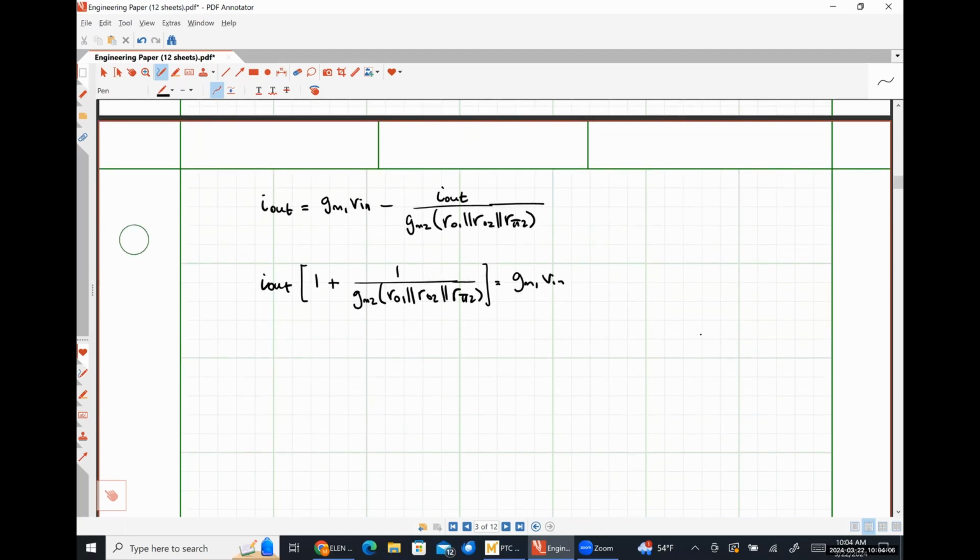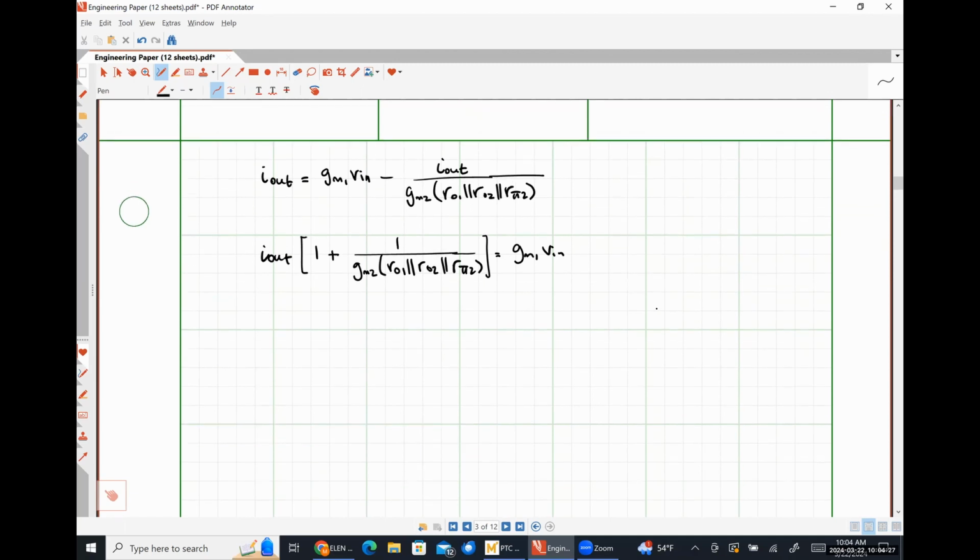Now what I'm going to do, and you'll see why in a moment, is effectively express that thing that's being multiplied by I out as a single fraction as opposed to 1 plus a fraction, by lumping everything together with a single common denominator. Okay.